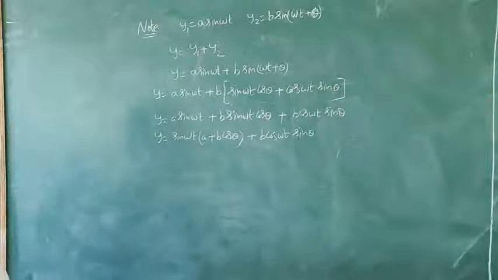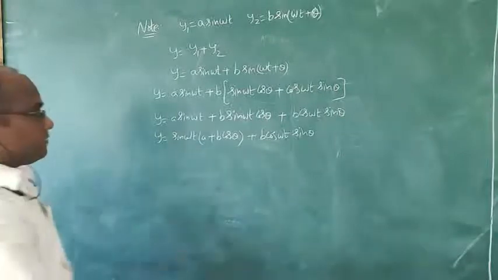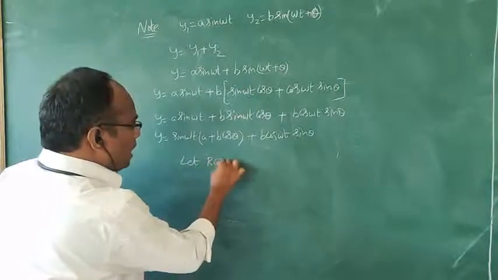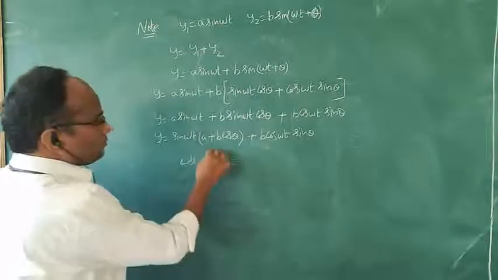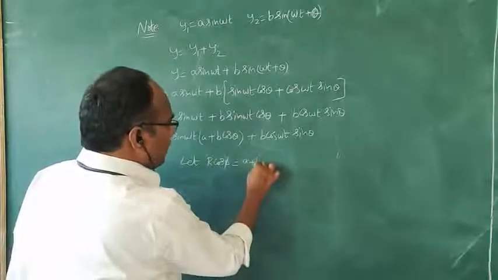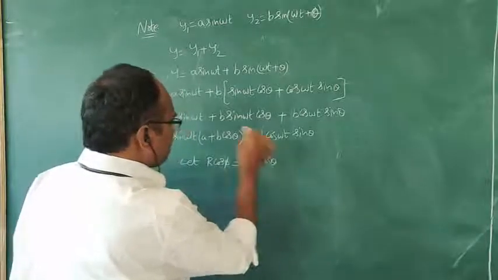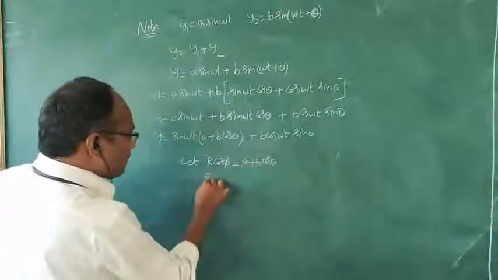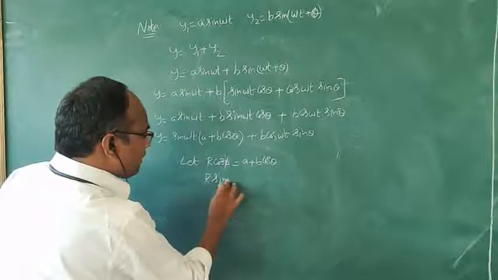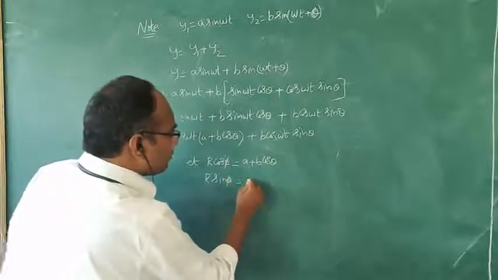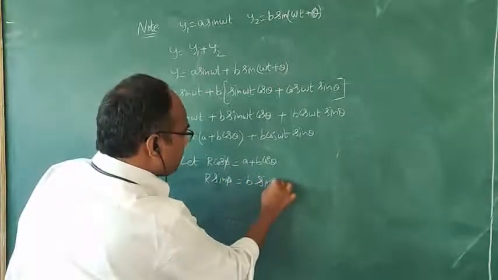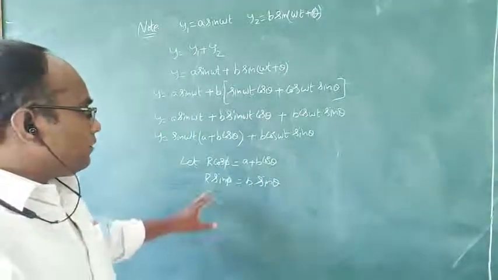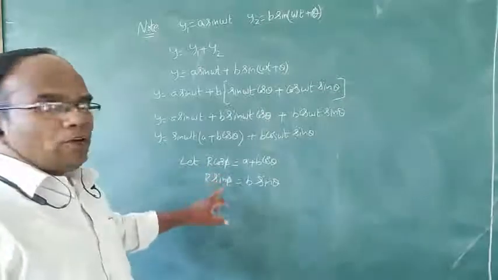Okay. So let us consider r cos phi is equal to a plus b cos theta, and in this one r sin phi is equal to b sin theta. Now what I am doing is squaring on both sides.